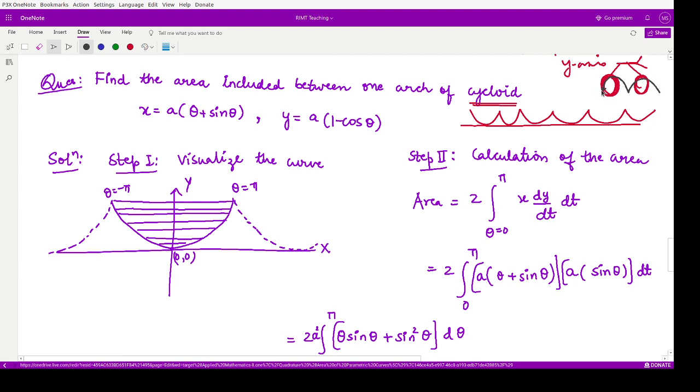You are tracing the curve followed by this point when this cycle moves in this forward direction. Whatever this point is, the point could also be like this. So this is the given curve that is known as cycloid.